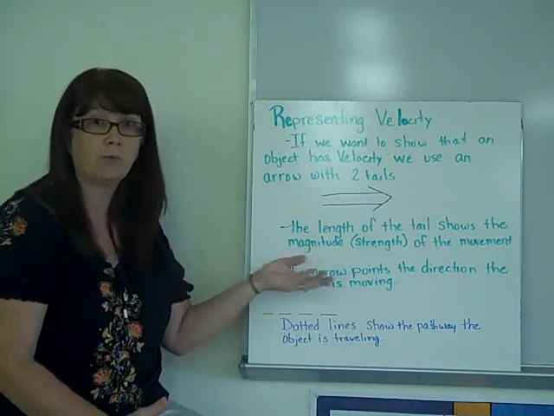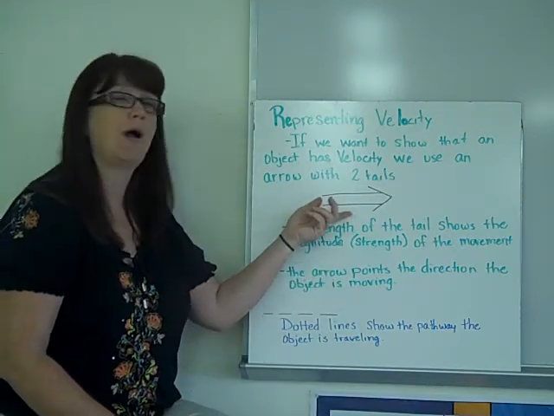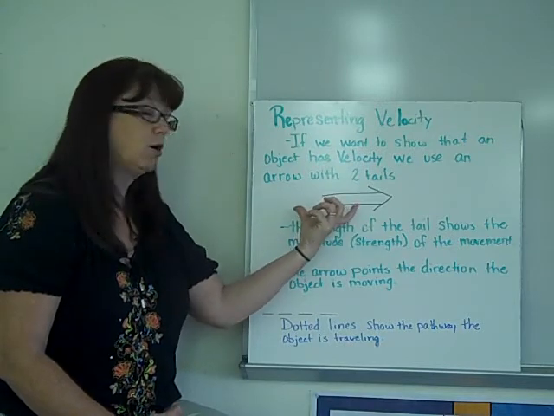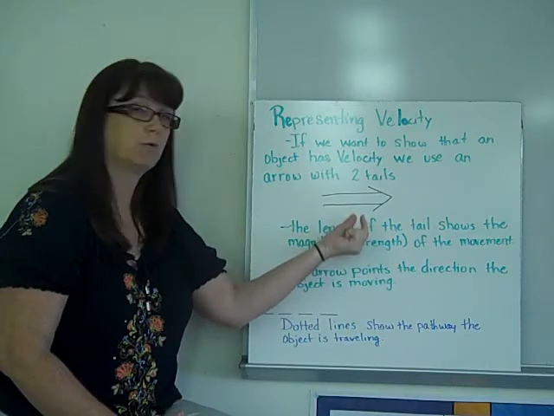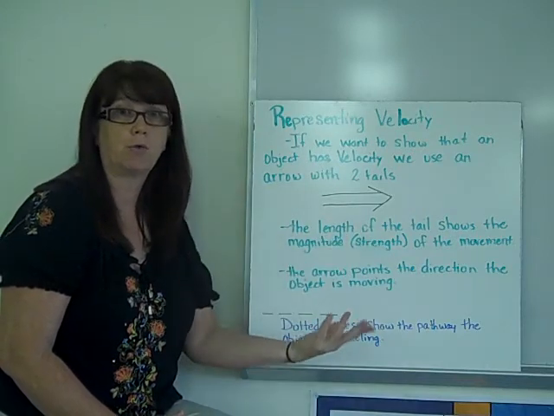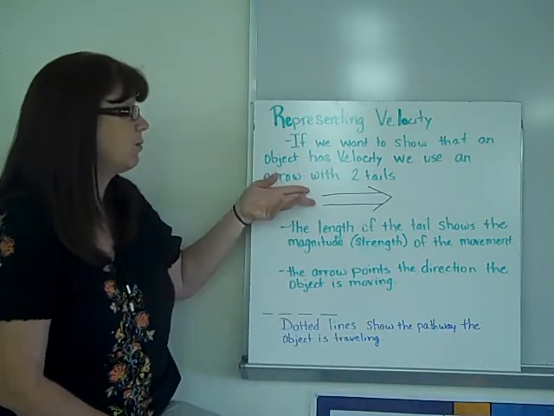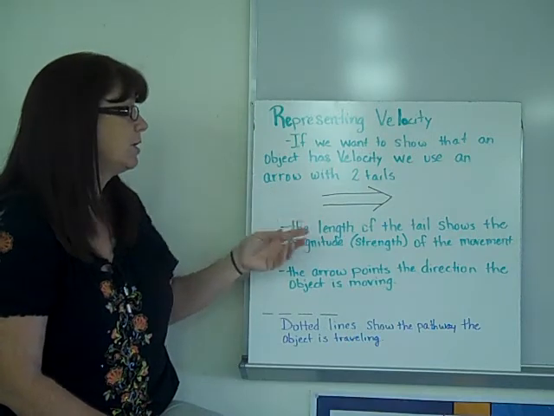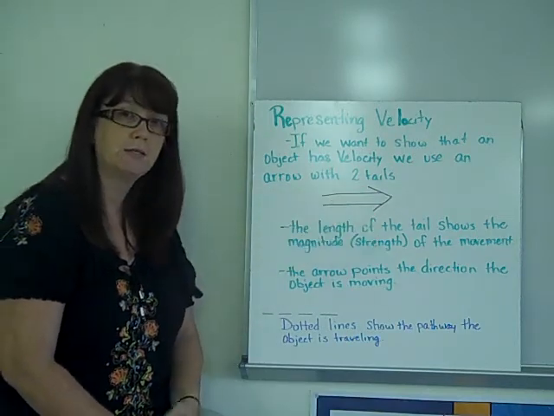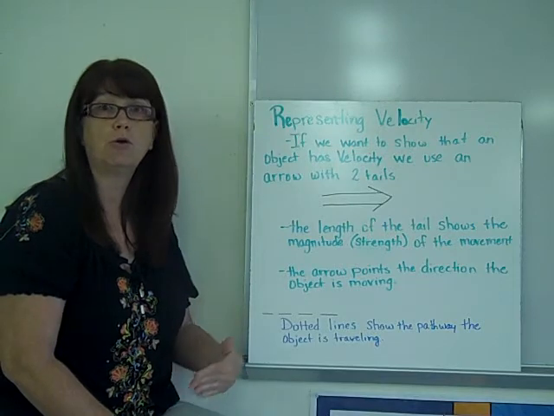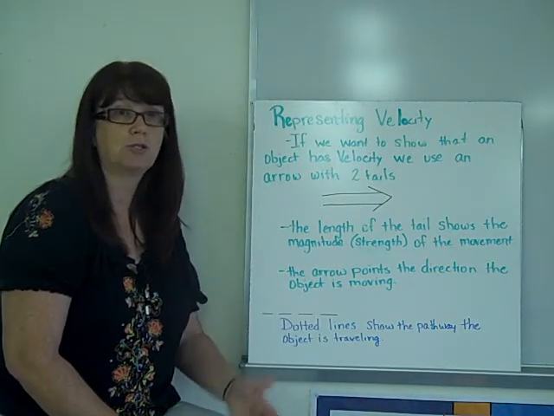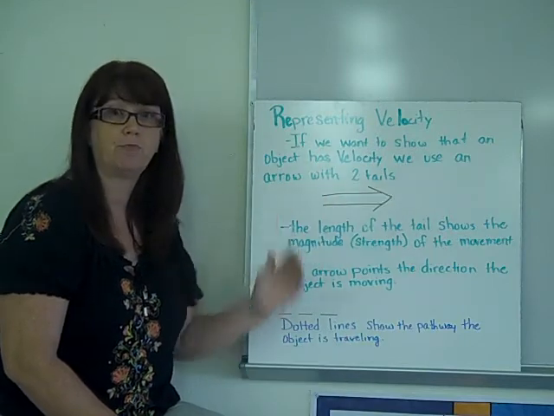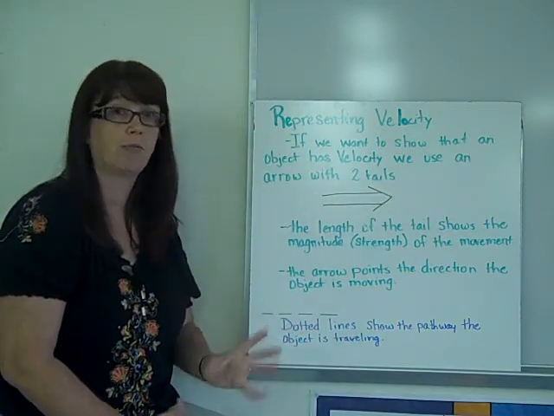I would say that when we're talking about speed, it's going to tell you how fast. The longer the tails, the faster it's moving. The shorter the tails, the slower it's moving. But velocity will always have two tails. You will also have a point and that point will show you the direction that the object is moving. If it's moving left, right, up, down, north, east, south, west, whatever.